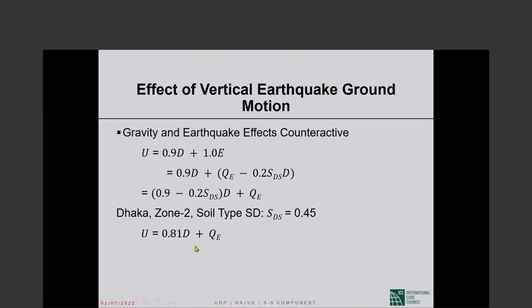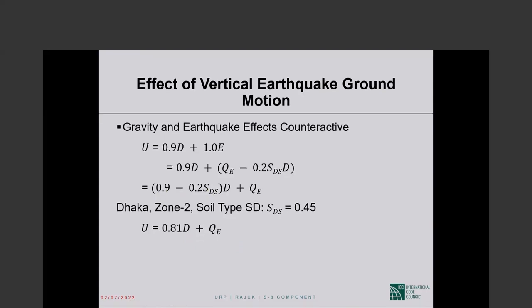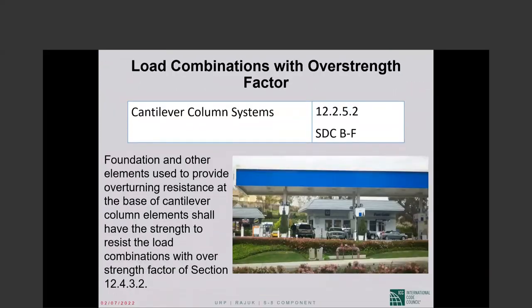Okay, so that is the counteractive seismic load combination for Dhaka on soil type SD.